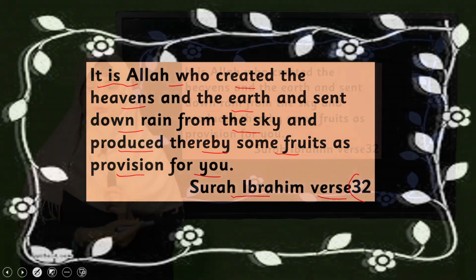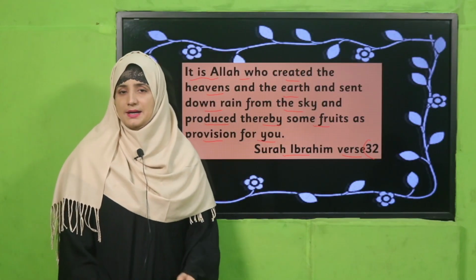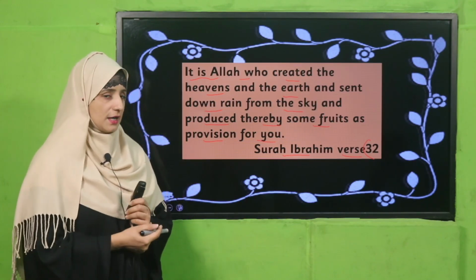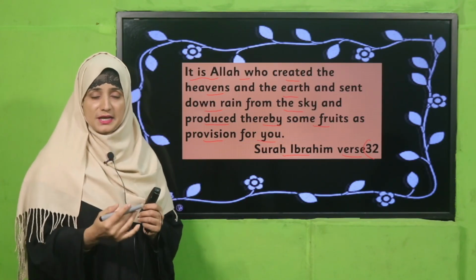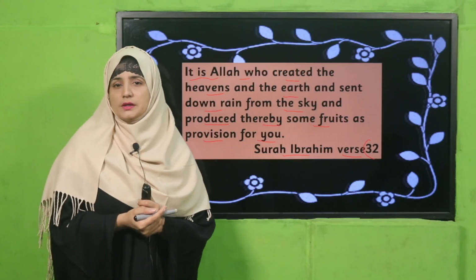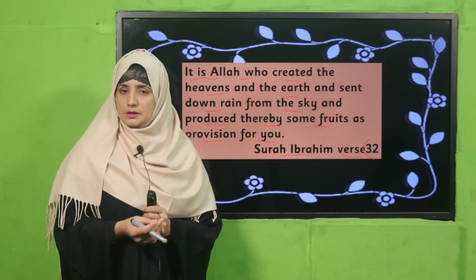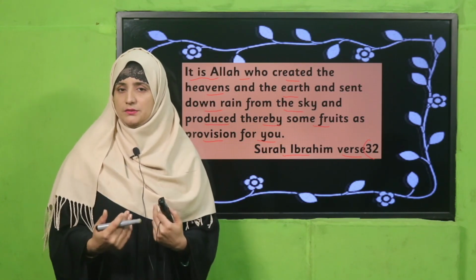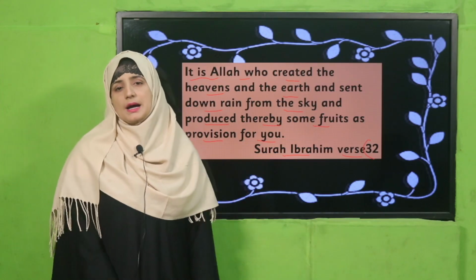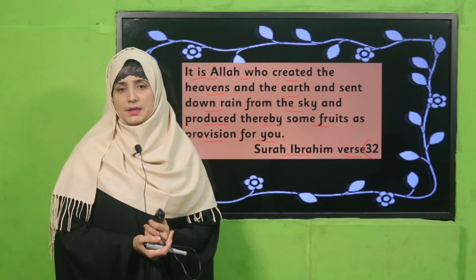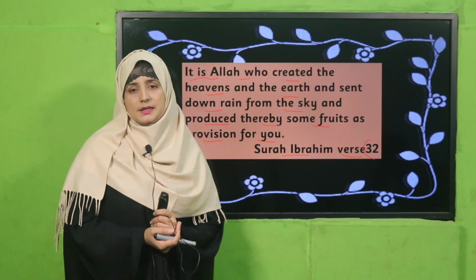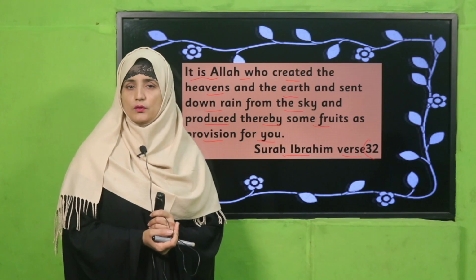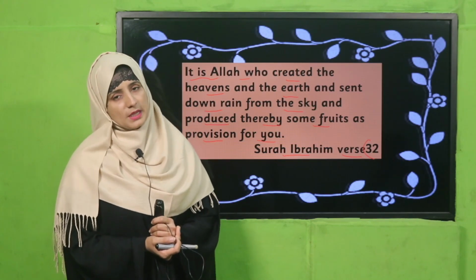Subhanallah, my dear students, this beautiful verse is telling us who created this whole world, and that after that Allah Almighty sent rain, different fruits, and different things for us, so that we can eat them and nourish ourselves and others. These are all the countless blessings of Almighty Allah, my dear students. We cannot count how much Allah has blessed us. So we must be thankful to Almighty Allah every time, everywhere.